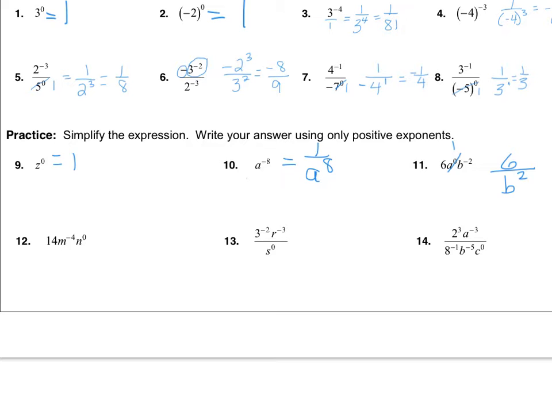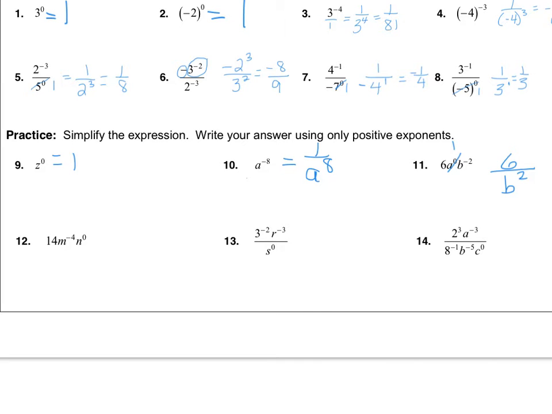And then number 11, I looked at it as a puzzle, and the easiest place for me to start was to take my a to the 0 power and make it a 1. So I had 6 times 1 was 6. Then my b to the negative 2, I moved my base across the line and changed the sign, and that gave me the answer.